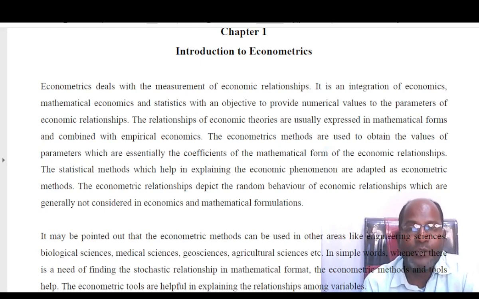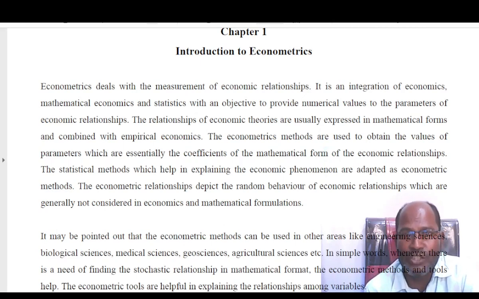The relationships of economic theories are usually expressed in mathematical forms and combined with empirical economics. The econometric methods are used to obtain the values of parameters, which are essentially the coefficients of the mathematical form of the economic relationships. The statistical methods which help in explaining the economic phenomena are adopted as econometric methods.